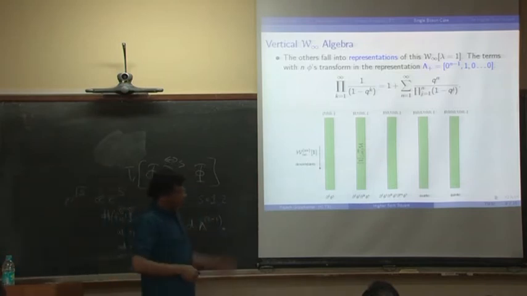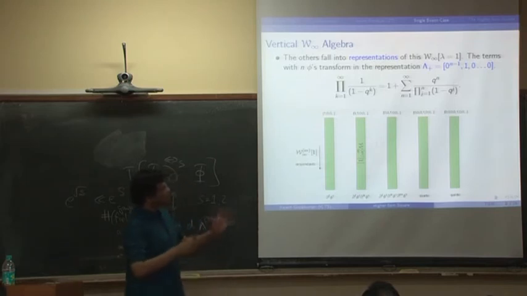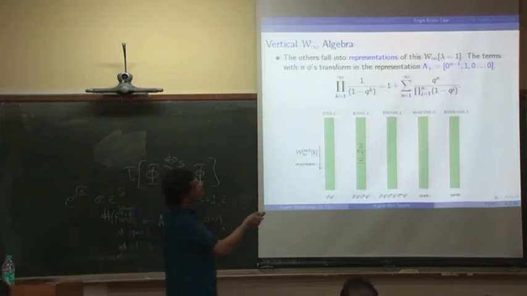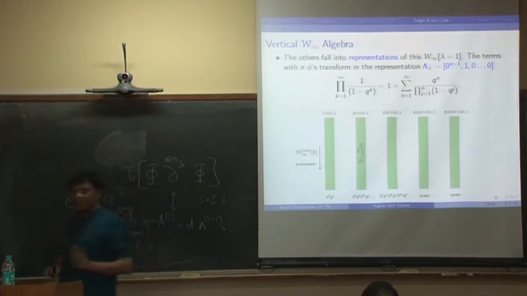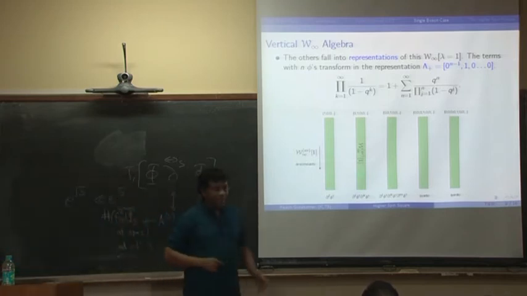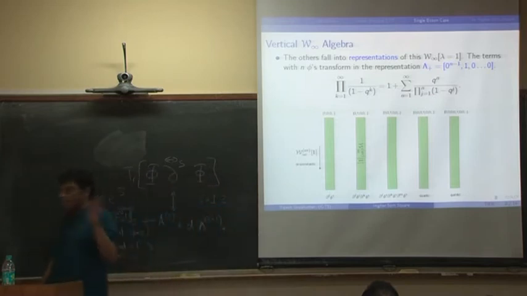The W infinity algebra representations are labeled by some labels, and these correspond to that language. A little counterintuitively, they correspond to antisymmetric representations. You might have thought they correspond to symmetric representations, but there's sort of a split anyway.